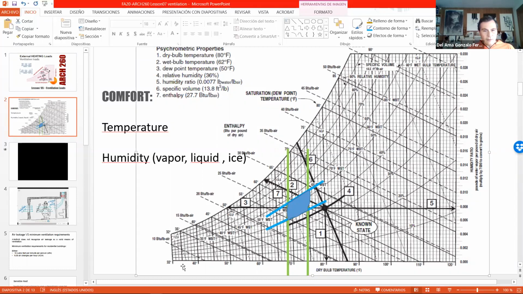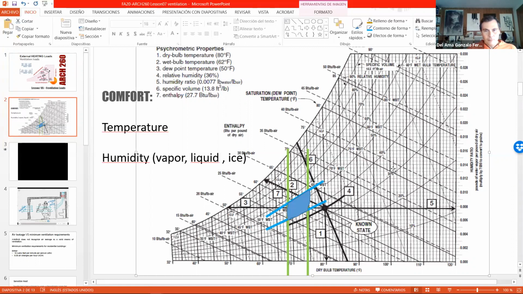So we can have a lot of combinations between temperature and relative humidity. So only in this small rectangle, we feel comfort. Human beings, I mean, other beings, I don't know, but human beings, we are comfortable under these conditions. Okay, so our goal, if we are designing buildings, our goal is to keep indoor temperature within this comfort range, within 68 to 74 Fahrenheit, and between 40 and 55 relative humidity.